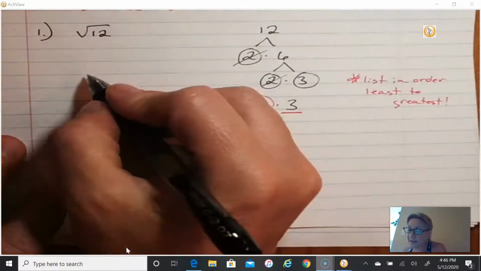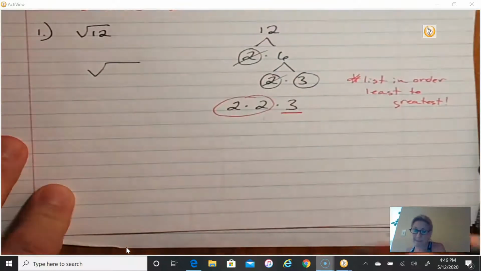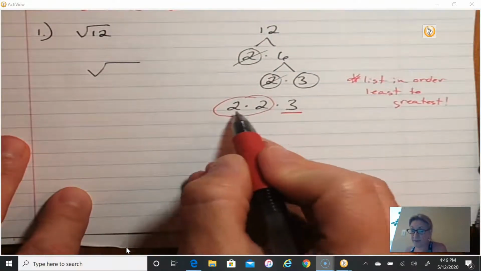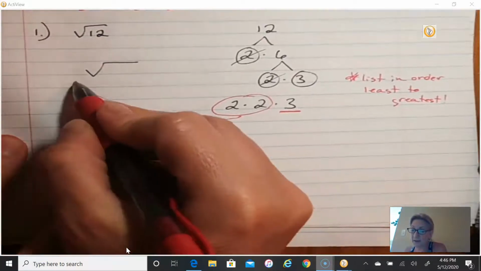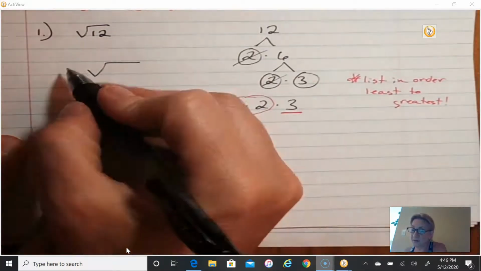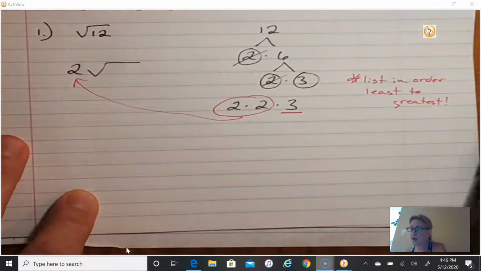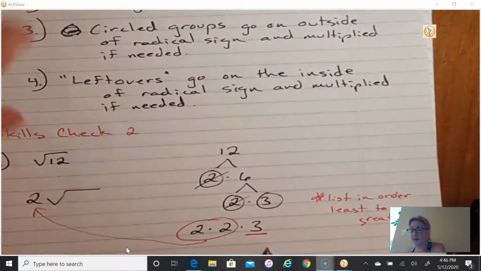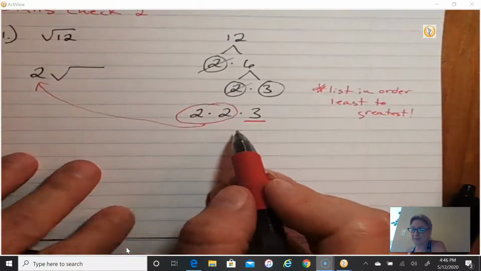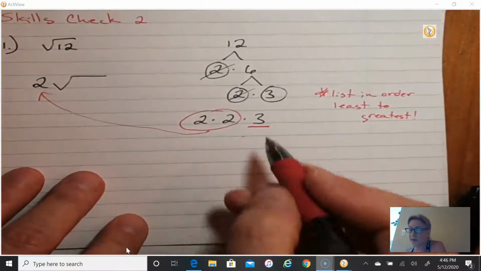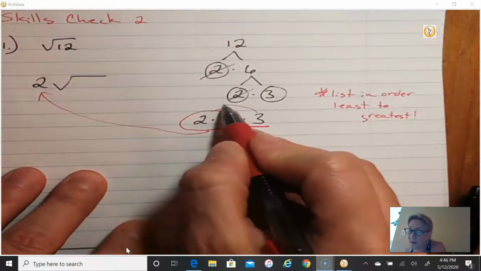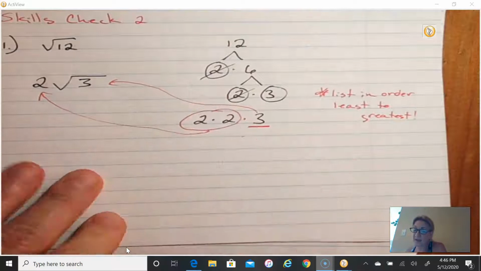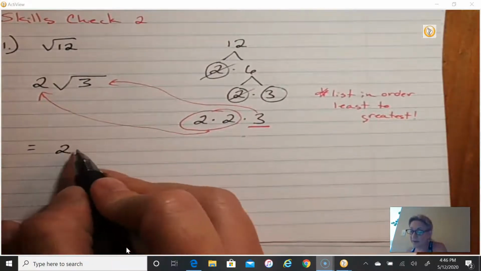You're going to take that group, that's going to be just 1 2. Number 4, leftovers go on the inside of the radical sign and multiply as needed. But I'll show you the multiply in a minute. So the leftover goes in here. And guess what, guys? That's your answer.